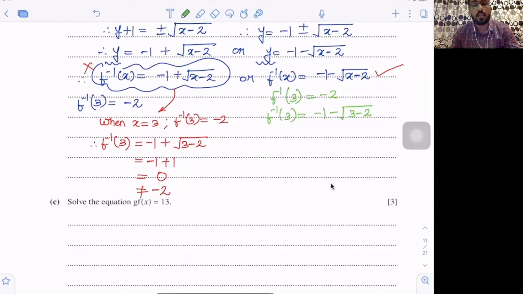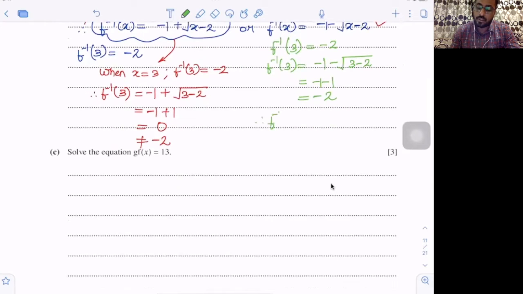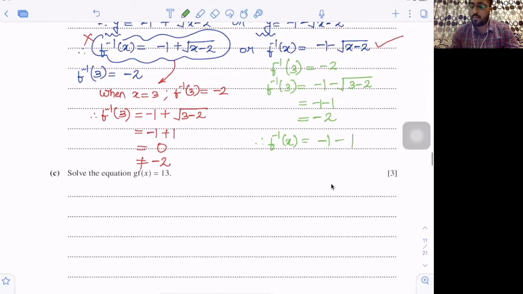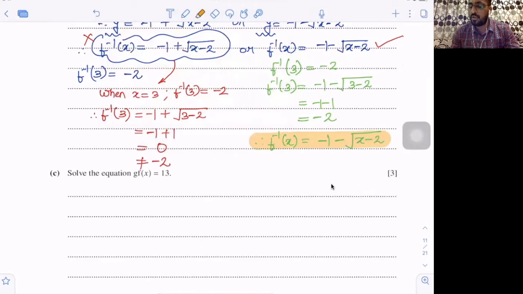What's root of 1? That's again 1. So that's minus 1 minus 1, which is coming minus 2, which is actually the value of f inverse of 3, right? That means I can say that my answer f inverse of x is minus 1 minus root of x minus 2. That is your correct answer, students, and not the positive one.